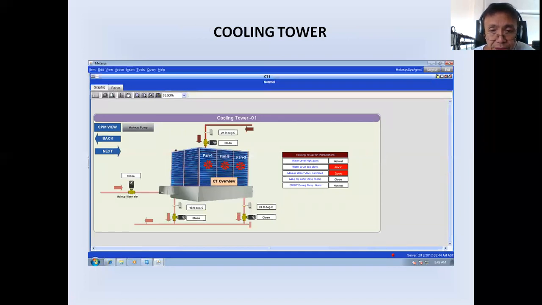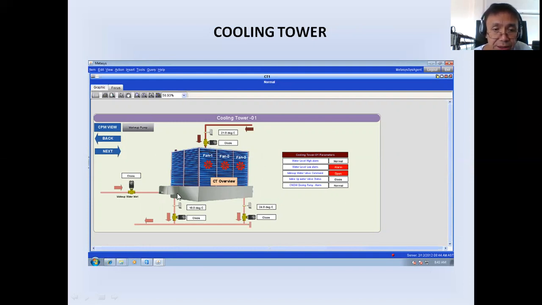Now for the cooling tower. What information will this system display? As you can see here, there will be one butterfly valve in the entering condenser water. Then there are three fans.